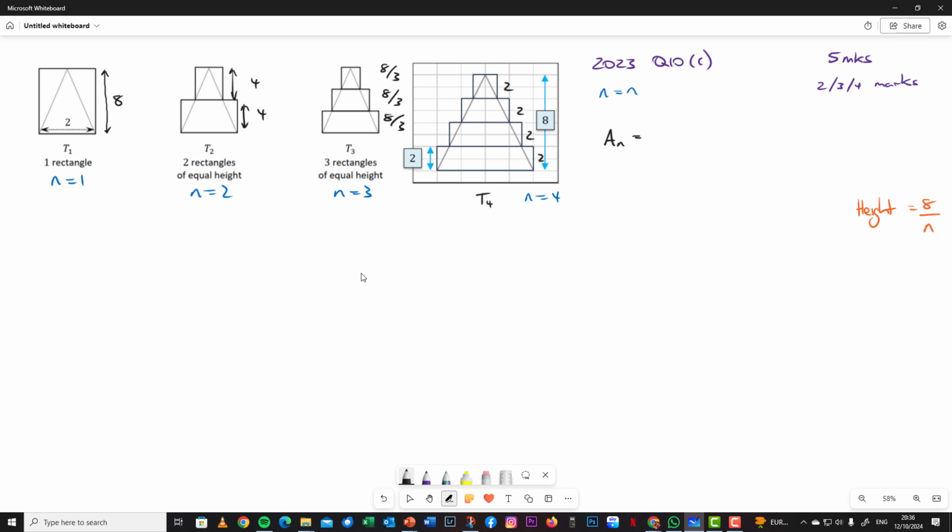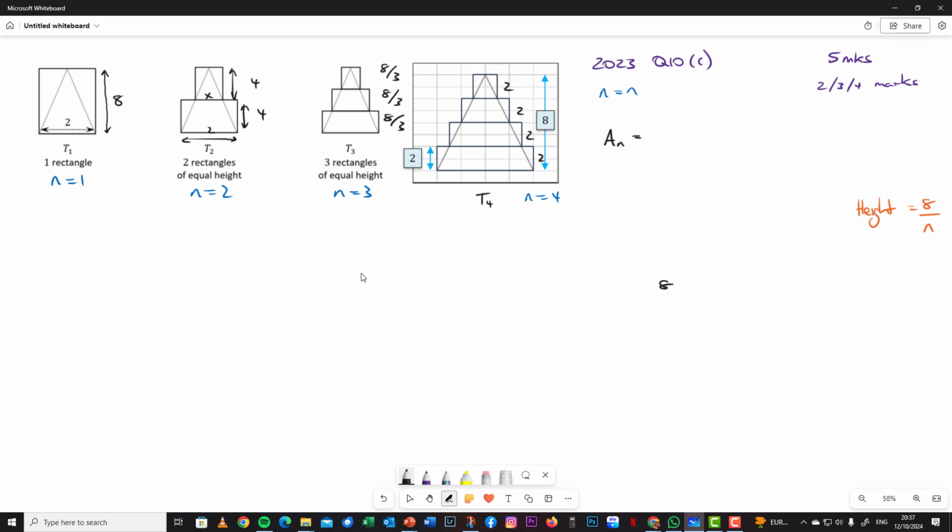In terms of the bases, the first one is easy, the base of that rectangle is 2. The widths of each of these rectangles in term 2, well, this is 2, that's again consistent throughout the question. The base of the bottom rectangle is always 2. And the top triangle, let's do similar triangles. We'll just do it over here on the side, we'll call this x. So in this big triangle, we have a base of 2 and a height of 8.